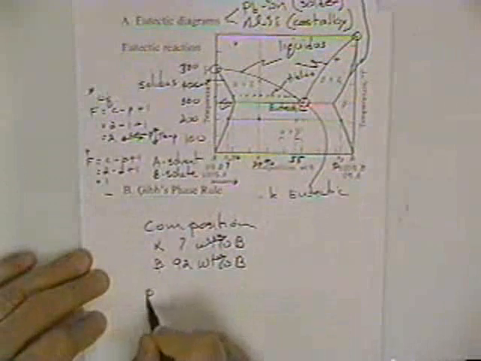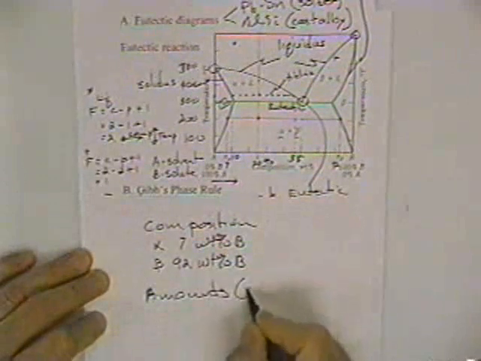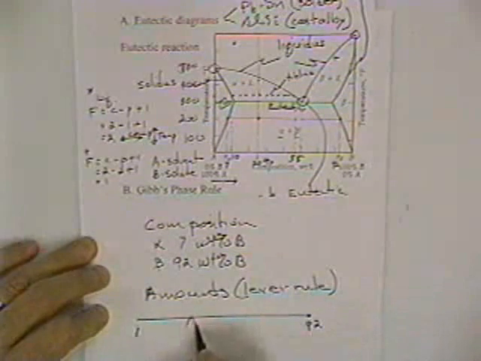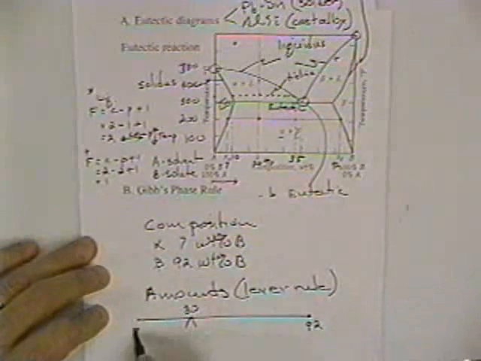Let's determine the amounts. And remember, to determine amounts, we've got to use the lever rule. For this calculation, our tie line is going to be 92, 7, and our fulcrum is the point that we're interested in, it is about 30.